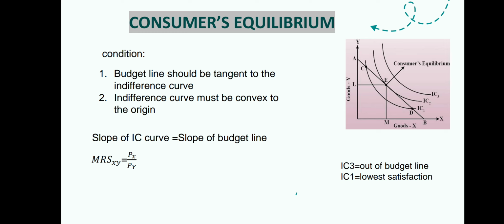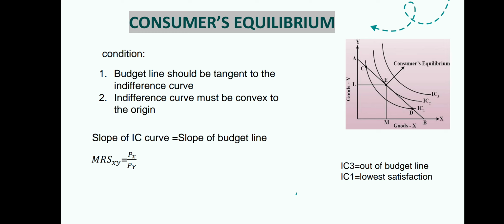So IC1 gives the lowest amount of satisfaction, as it cuts the line AB and a lower IC denotes a lower level of satisfaction. Then we get IC2, which is tangential to the budget line and also convex to the origin.